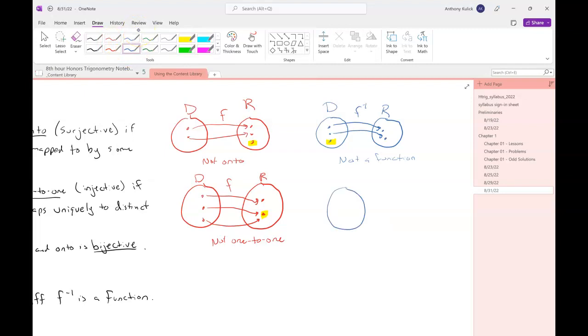If we then create the inverse, what do we notice? That inverse is not a function, right?